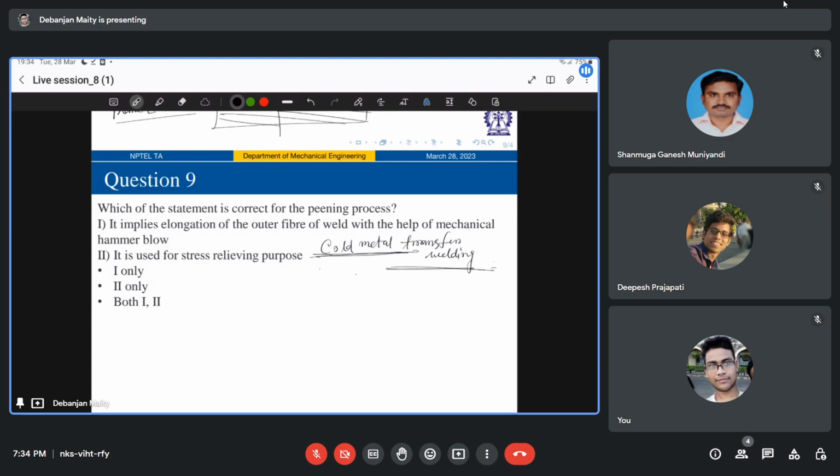There are some geometrical features of this V groove, and you need to play on these to have a smaller heat affected zone, right? What else?